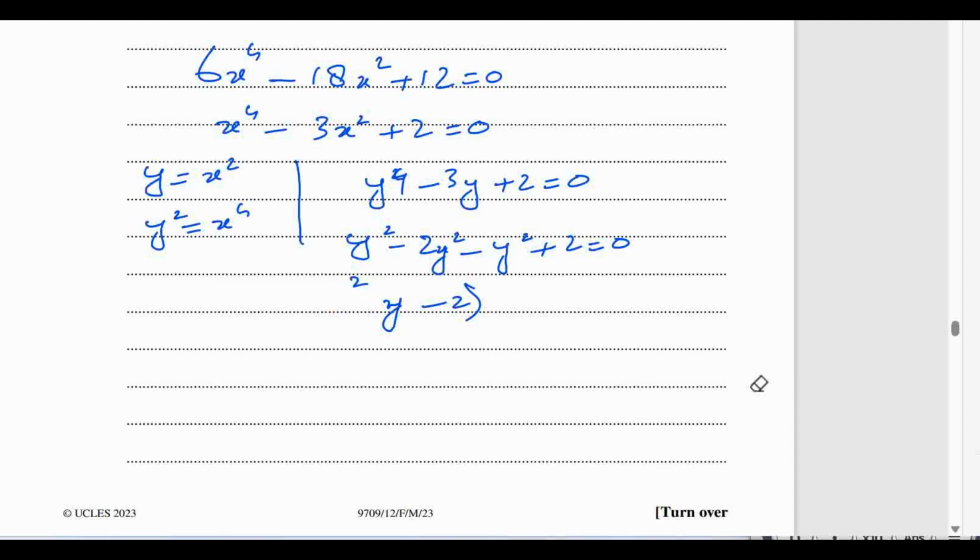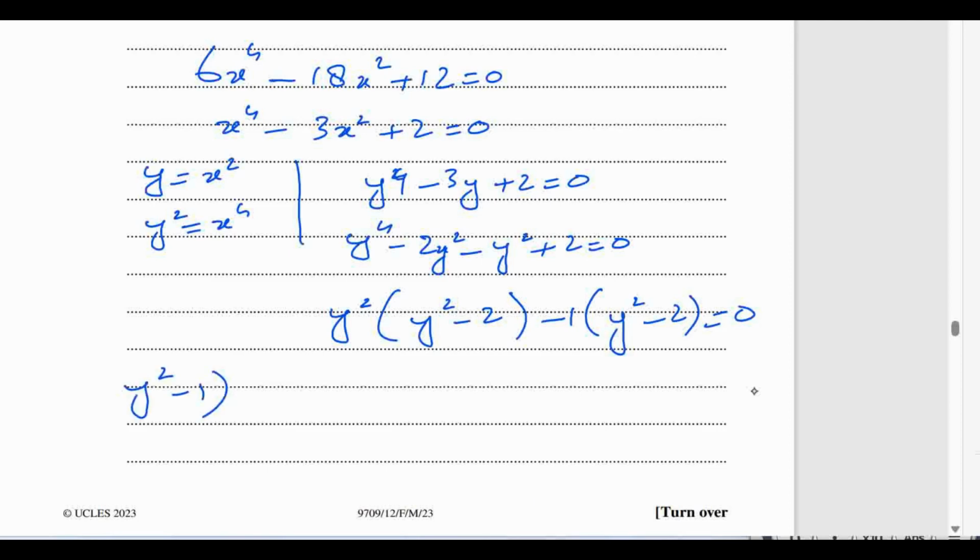Let me repeat this step. We can take y square as common. So this will be y square minus 2, minus 1 as common. So from here we can see y square minus 1 into y square minus 2.